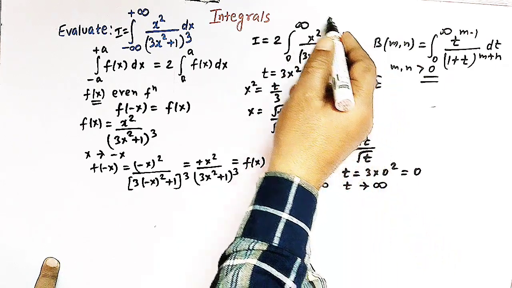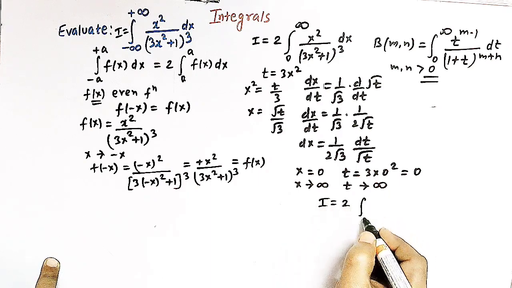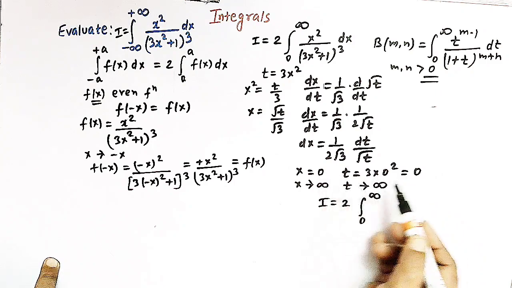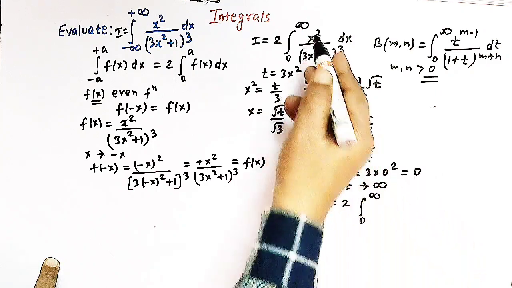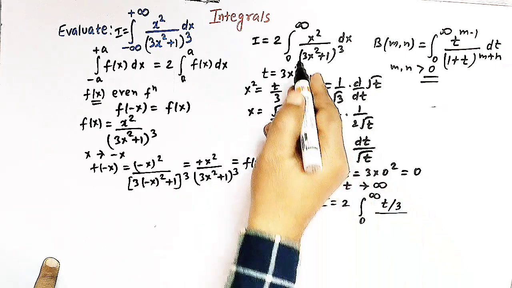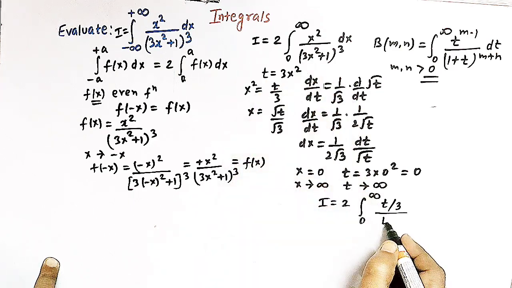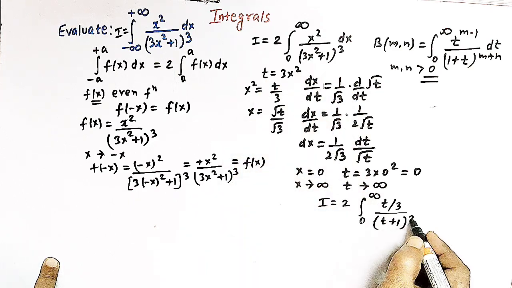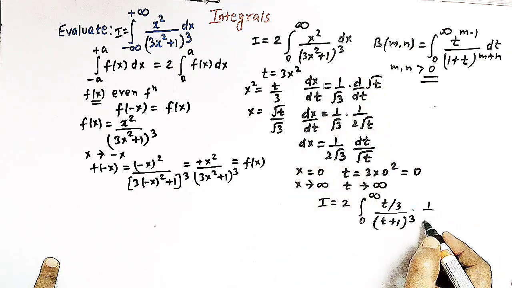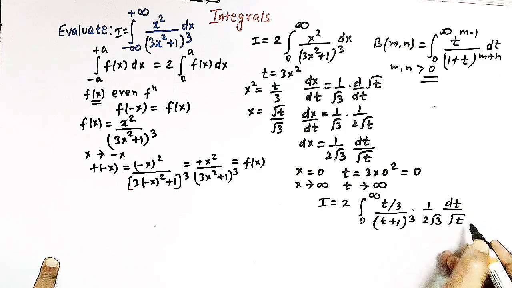So now we can write this integral I with the limits remaining the same, 0 to infinity. For x square we write t over 3, and since 3x square is equal to t, we have (t plus 1) cube, and dx is replaced by 1 over 2 root 3 times dt over square root of t.